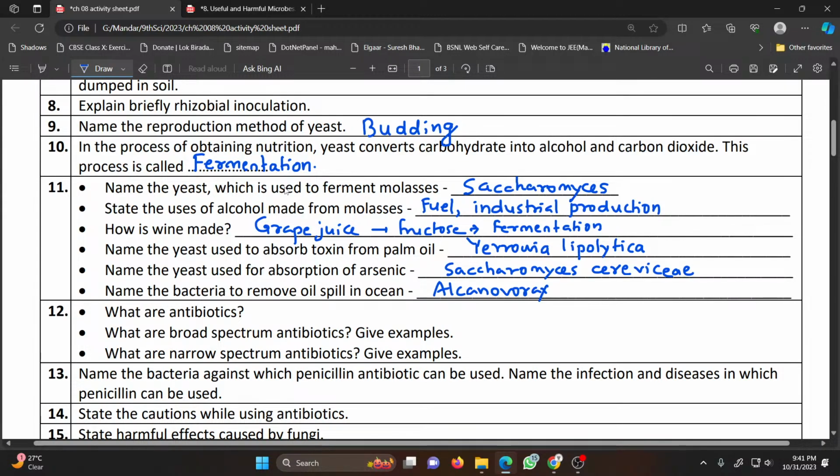Then what are antibiotics? Antibiotics are carbon compounds obtained from bacteria and fungi, used for destroying or preventing growth of harmful microorganisms.